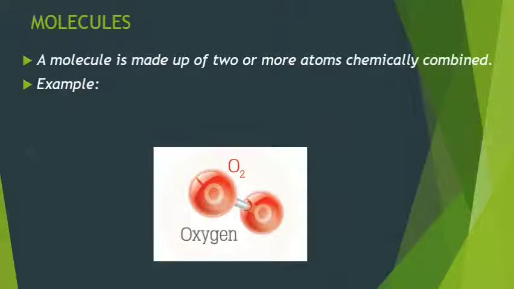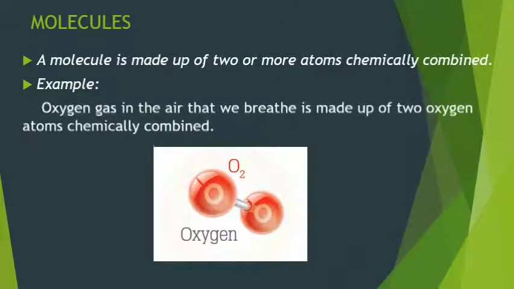But when you think of the oxygen gas in the air that we breathe, it is not just the oxygen atom, it is an oxygen molecule, which means two oxygen atoms that have been combined chemically, which gives you the oxygen molecule. That is represented in the diagram.